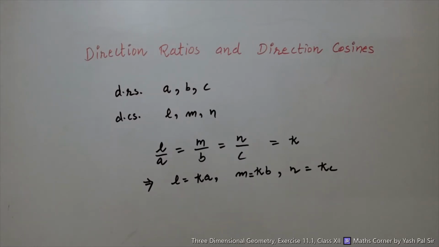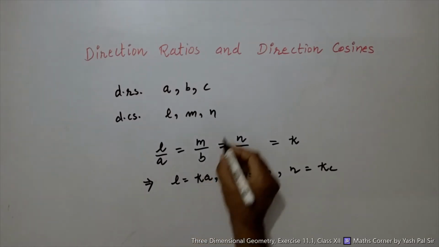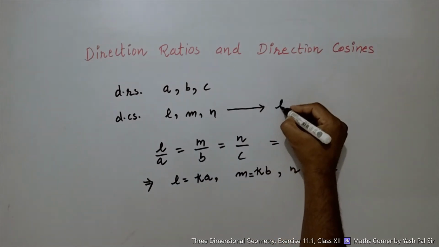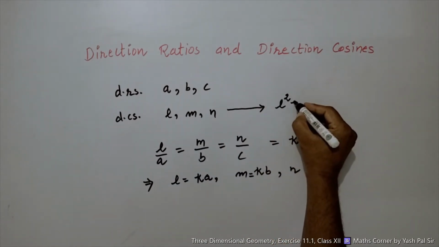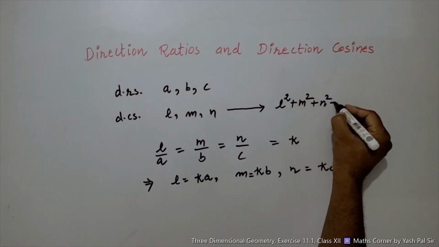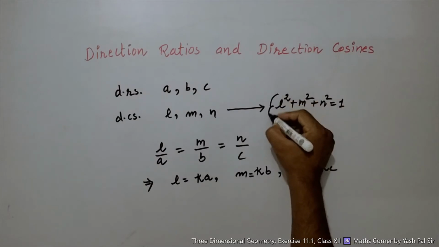Now one more thing, this is very much clear that in case of direction cosines this condition is always true: l square plus m square plus n square is equal to 1.